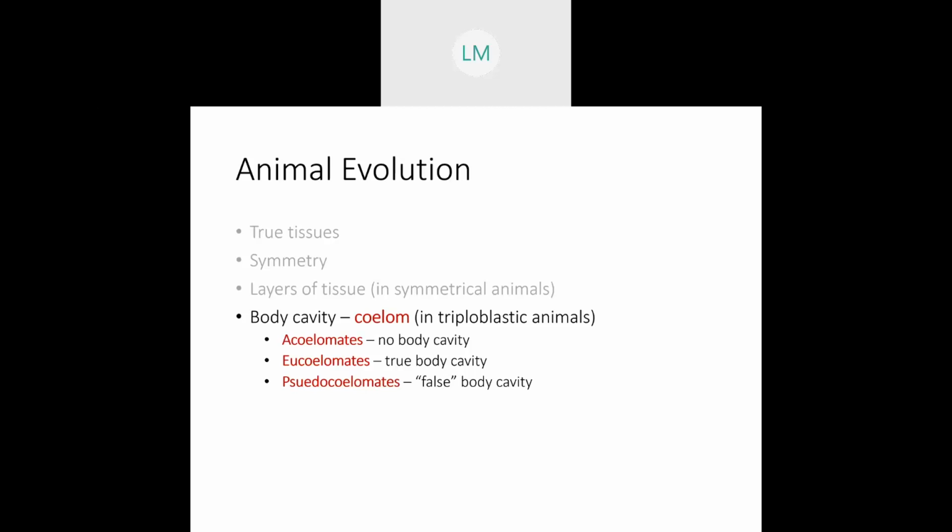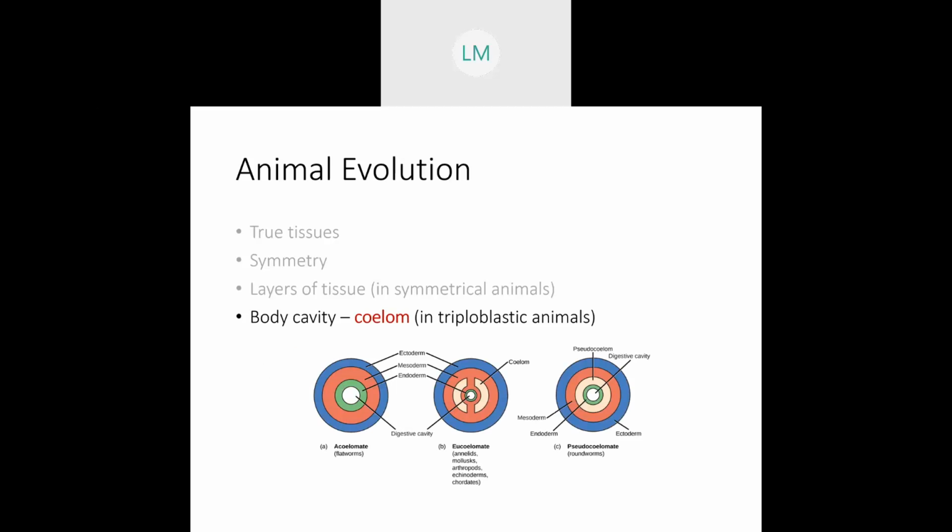So this is a true body cavity. But then we have some animals that have this kind of in-between body cavities. It's called a pseudocoelomate or a false body cavity animal. So those are the 3 options for the types of body cavities that you can see in our triploblastic bilaterally symmetrical organisms. So this is what those look like.